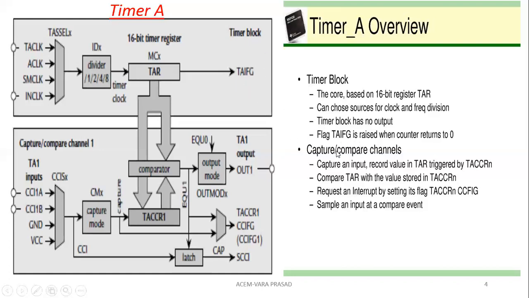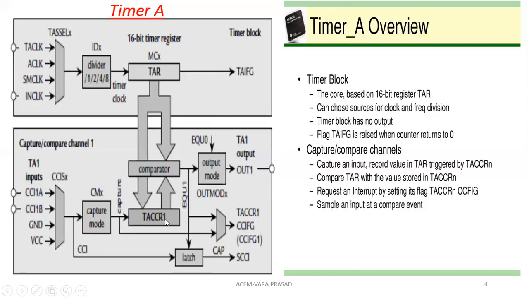Now come to capture and compare. They have two types. In capture, the input is recorded through TAR, triggered by TACCRn, the Timer A capture compare register. In compare, TAR is compared with the TACCR register.